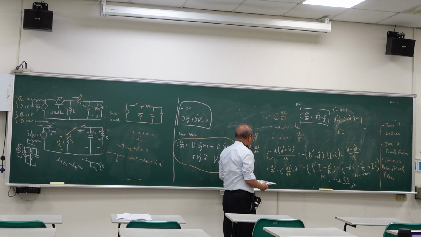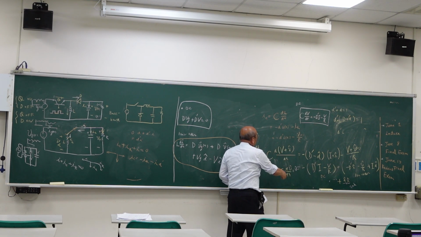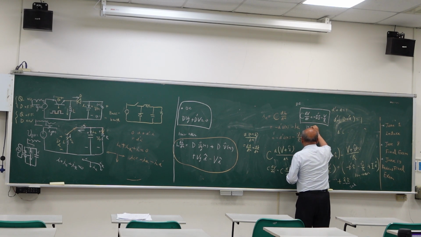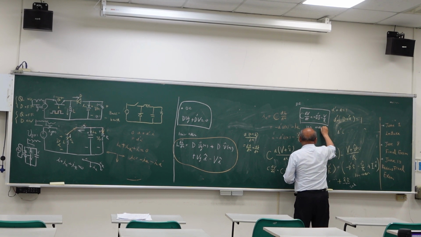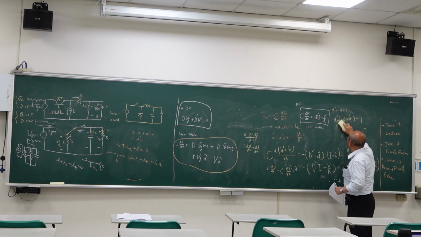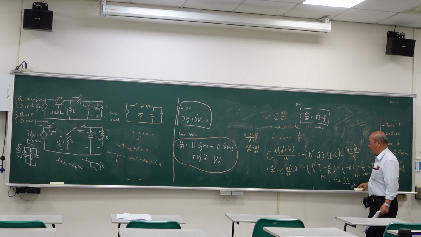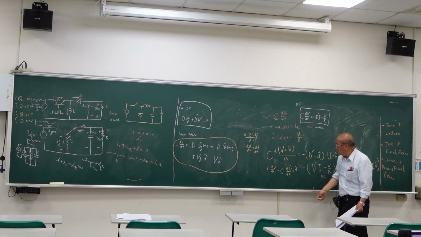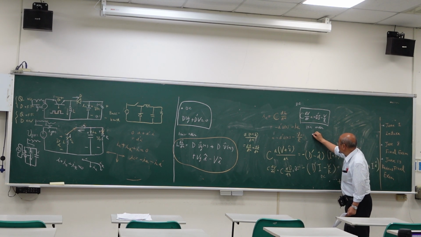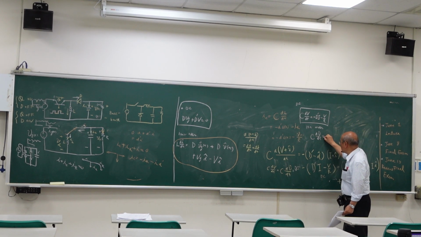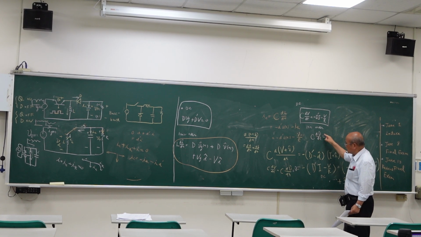How about first order? Anybody can tell me where is first order? Here. C dV hat/dt. This is first order. Constant first order.